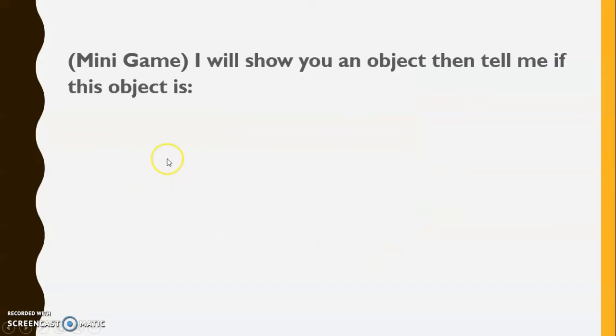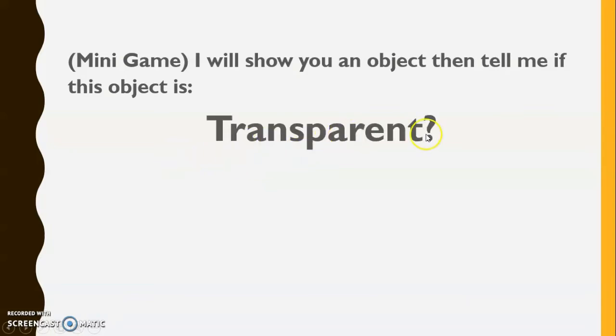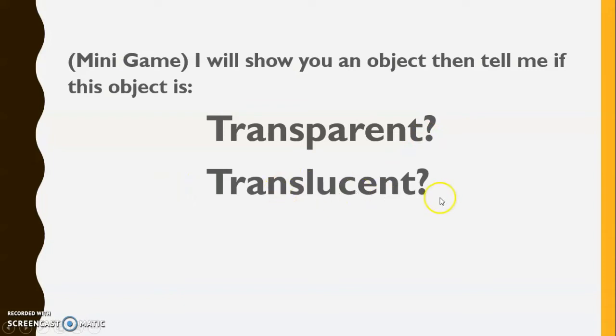Then we have a mini game. I will show you an object, then tell me if this object is transparent, translucent, or opaque. So you are going to tell me what object it is.